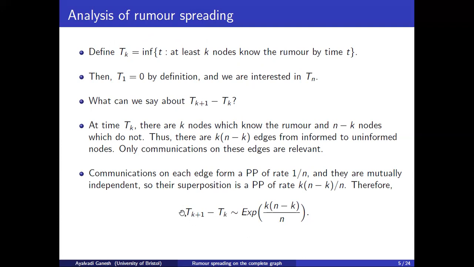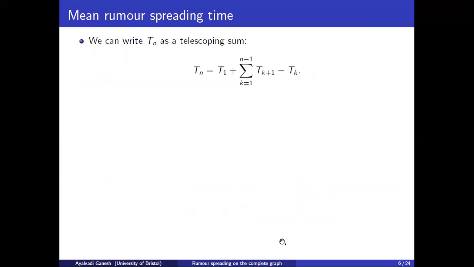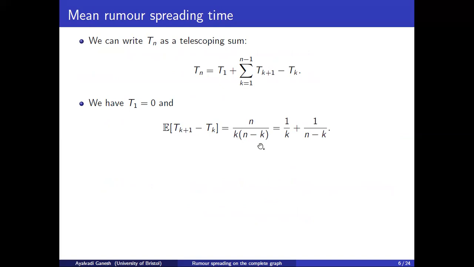So the expectation of T(k+1) minus Tk is n over k times (n minus k). And if I expand this in partial fractions, I get this here. Now we can plug this in.